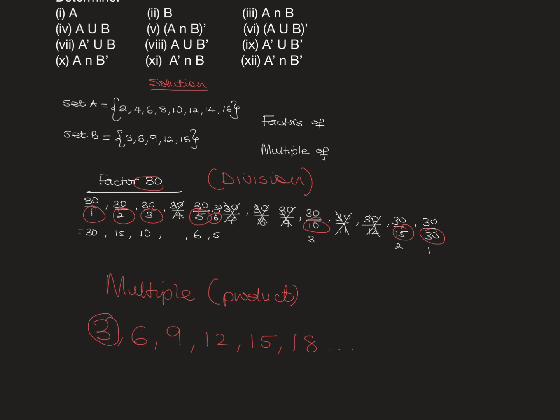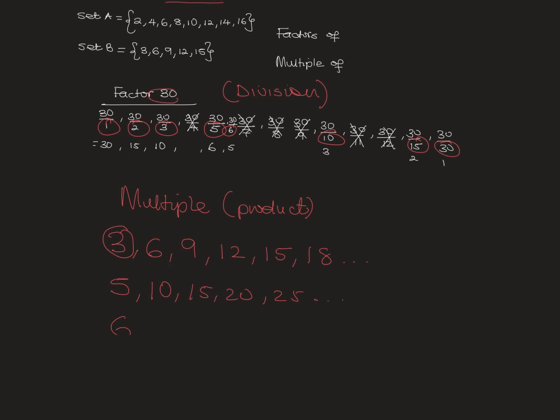If we say multiple of 3, start with 3. Multiples of 5 will be 5, 10, 15, 20, 25, and so on. Multiples of 6 will be 6, 12, 18, and so on. So I hope that point is clear.